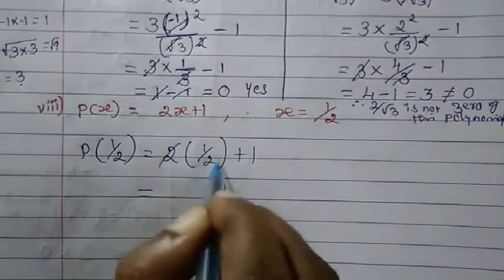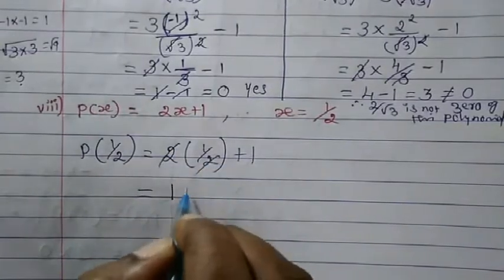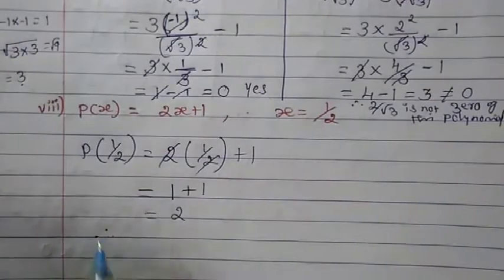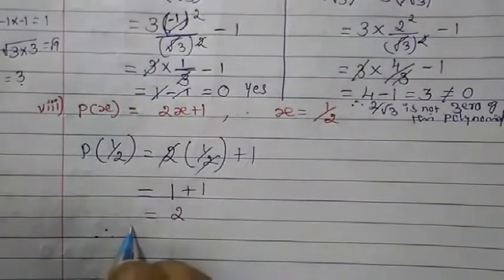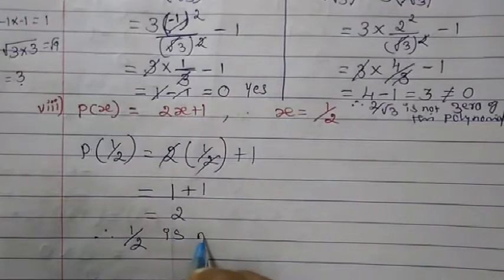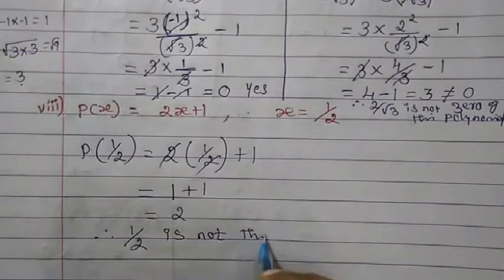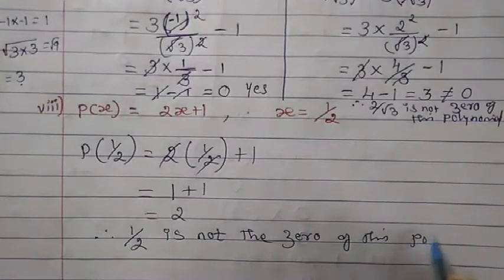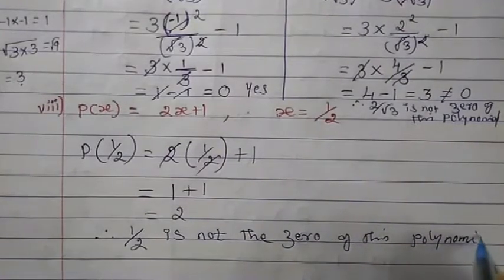So now 2 gets cancelled. So we have 1 plus 1, and 1 plus 1 is 2. Therefore, 1 upon 2 is not the 0 of this polynomial.